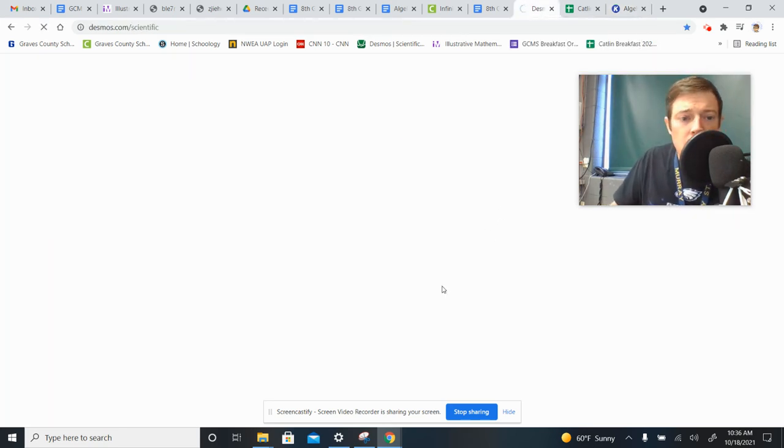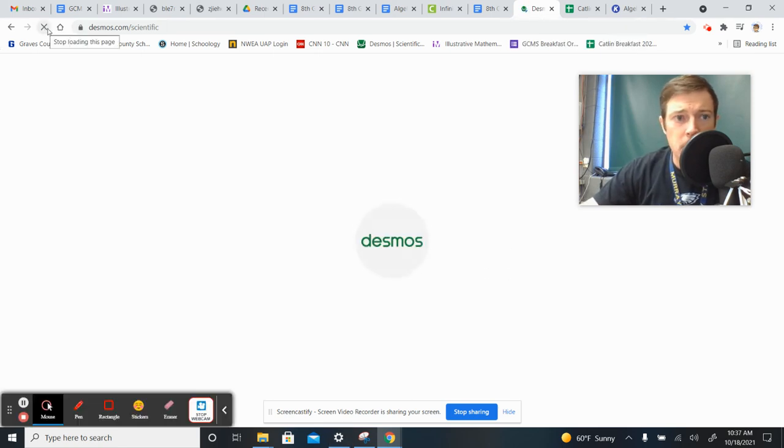As I pull up the scientific calculator for Desmos, that's the one that I'm going to use. You don't want to use the graphing calculator on this one, obviously, but it is taking its sweet time loading. So while it does that, I will grab my handheld calculator and maybe really don't want to work that one out on paper for time purposes, but the amount of time that this is taking, it might be faster.